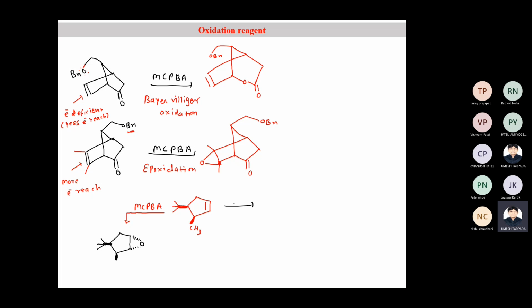But if you use other two reagents, like NBS first, N-bromosuccinimide, first bromination takes place in the opposite direction, followed by reaction with NaOH. So OH minus will make a nucleophilic attack over here, like an SN2 type reaction.